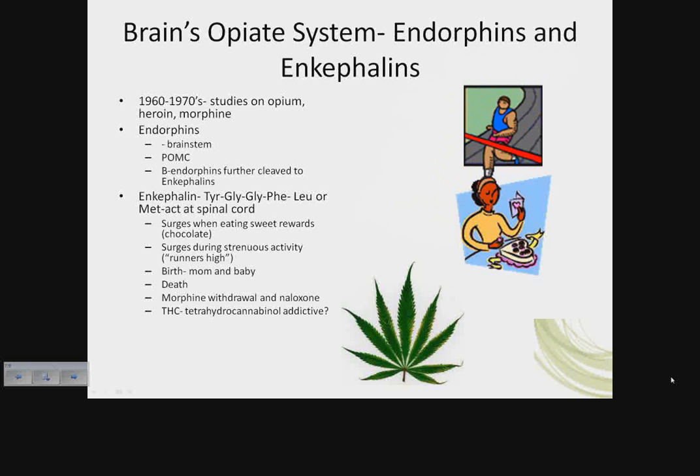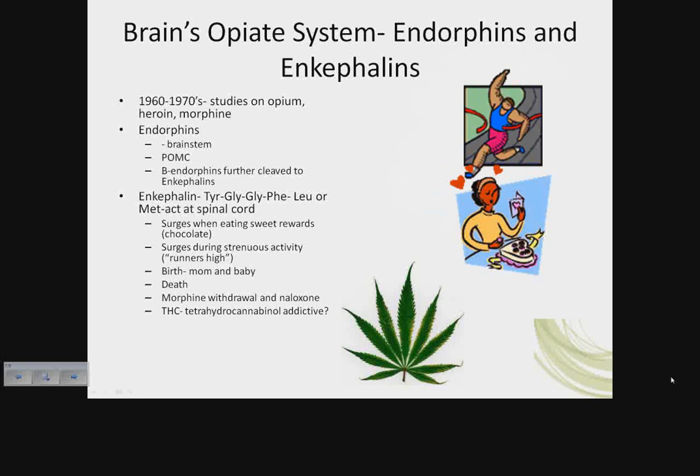In subsequent studies, it has been found that morphine-like agents, mainly opiates, like opium, heroin, morphine, also act at many other points in the analgesia system, including the dorsal gray horns of the spinal cord.